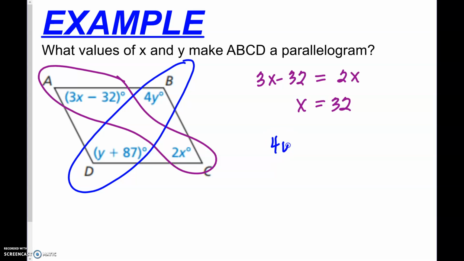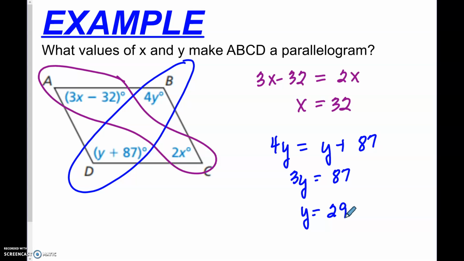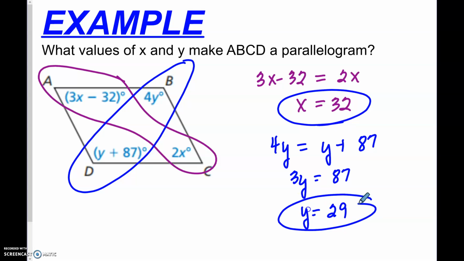So 4y is going to have to be equal to y plus 87. So 3y equals 87. So when we divide by 3 here, 87 divided by 3, we get y is 29. Okay, so those are the values for x and y that would make this a parallelogram.